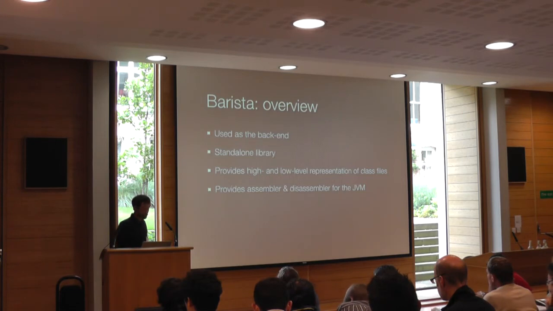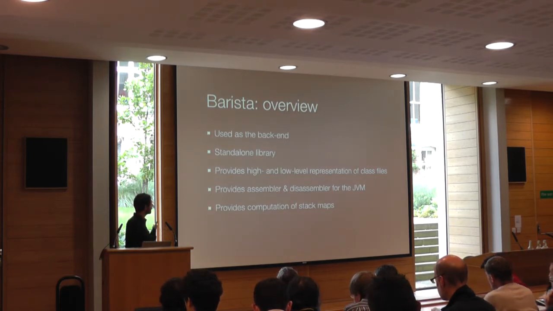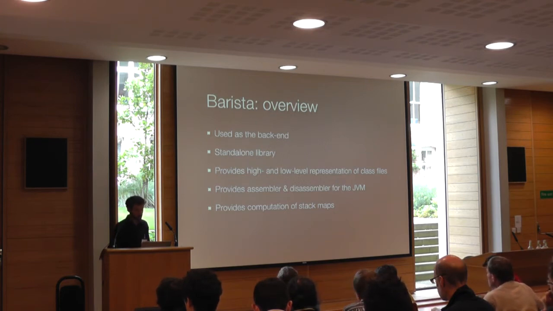It also provides an assembler and disassembler for the Java virtual machine. And what is quite nice is that it provides automatic computation of stack maps, which means that basically you just have to produce the bytecode, and the library is in charge of all the boilerplate stuff.